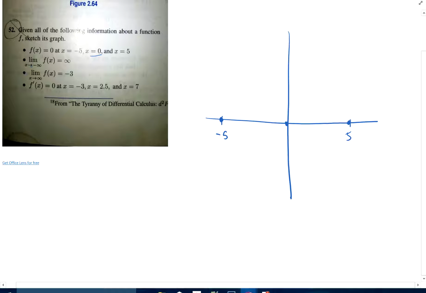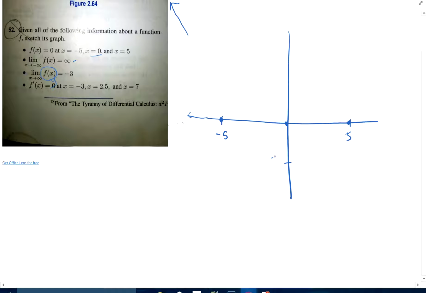The limit as x goes to negative infinity. If I get further and further out this way, the limit's infinity, right? So that means it's got to get bigger and bigger as I go out that way. The limit as x approaches infinity of f of x, these are my y values, is negative 3.